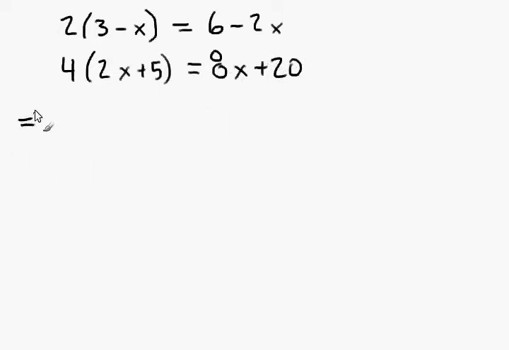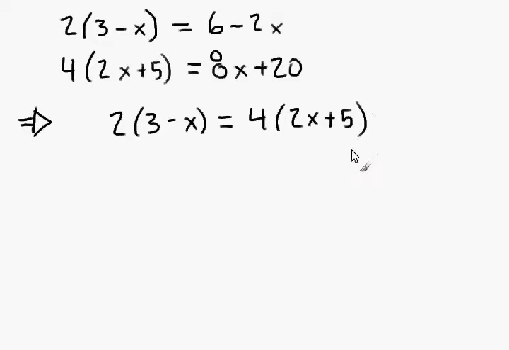So, using this, we can take a look at this problem. 2 times the quantity 3 minus x is equal to 4 times the quantity 2x plus 5. We've already done the distribution, so we can just go ahead and replace each of these expressions with their equivalent.